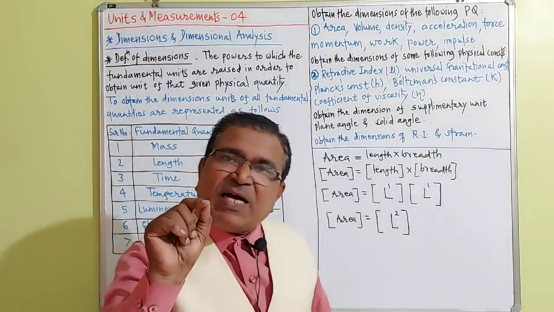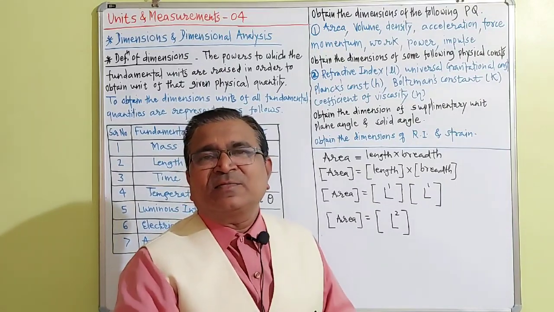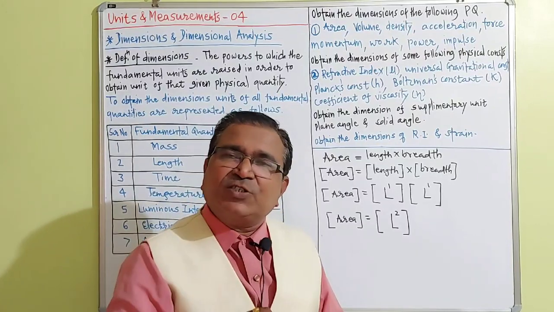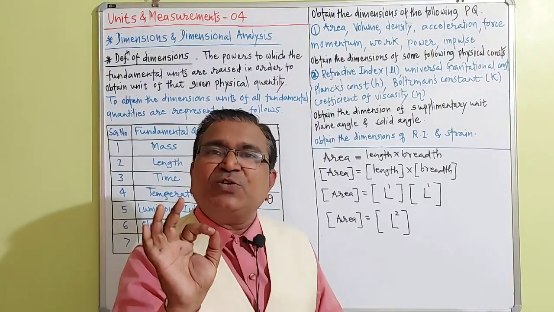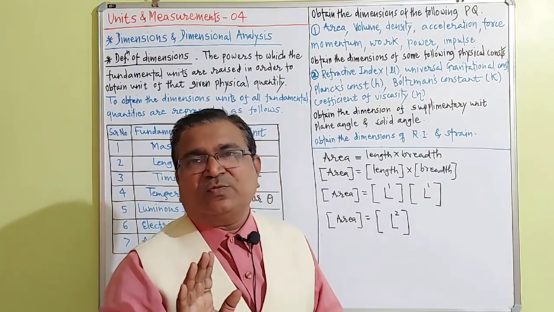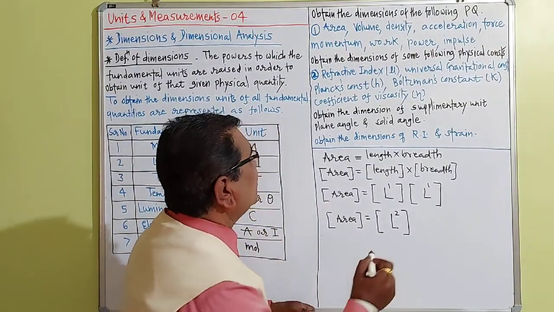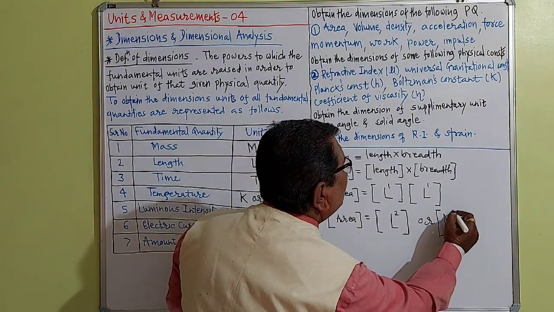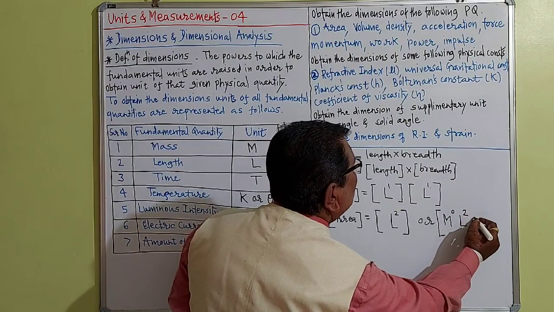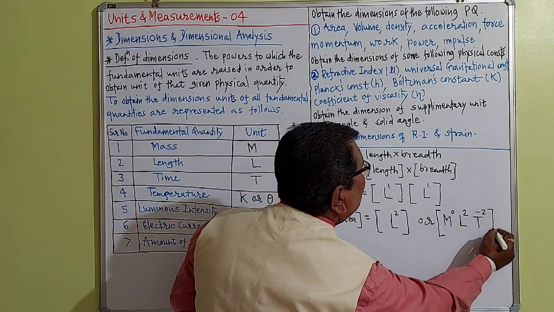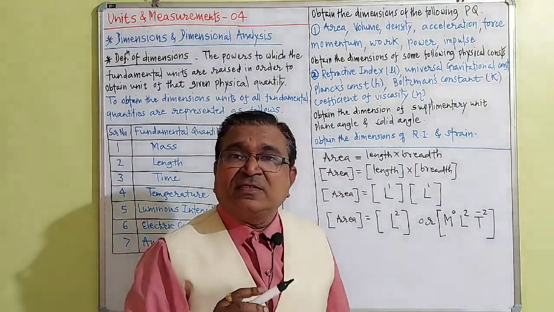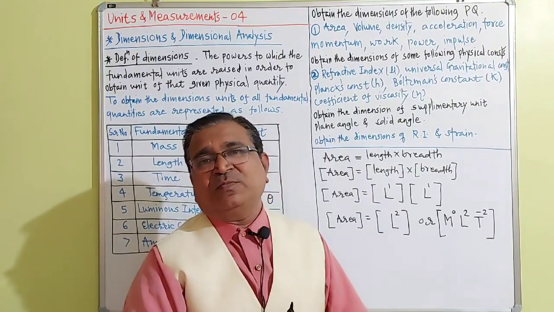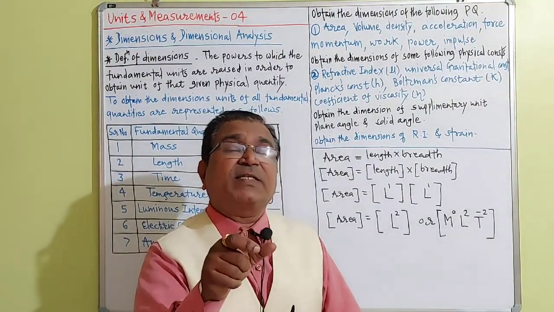Dimension of area in mass is 0. No mass is there. Dimension of area corresponding to time is also 0. So we may write M0 L2 T0. That is also another fashion of writing. Dimension is generally written in MLT form, but it doesn't mean that you should compulsorily write like this.